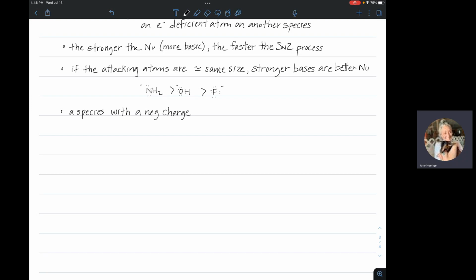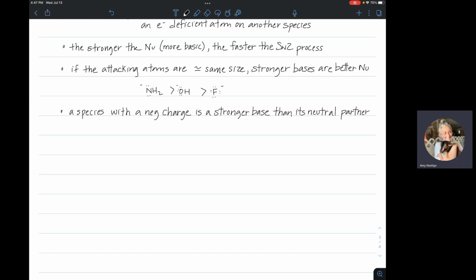So a species with a negative charge is a stronger base than its neutral partner. What do I mean by that?